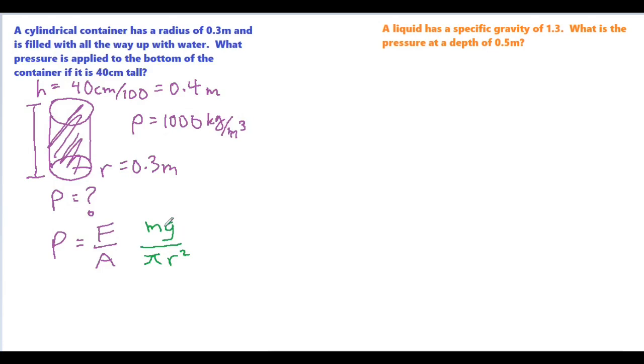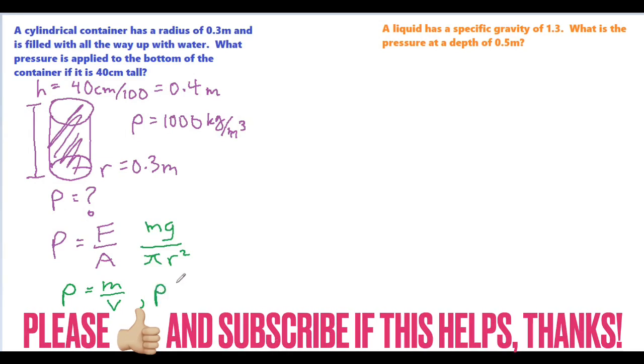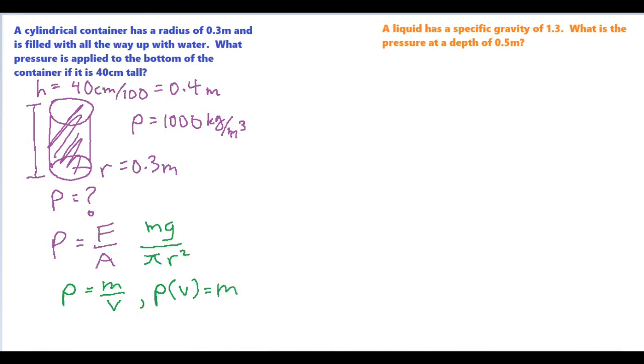I do know g because it's always 9.8, and I do know the radius. I do not know the mass. Because I don't know the mass, I know that the density of an object is mass over the volume. If I rearrange that, then rho, the density, times V equals the mass.